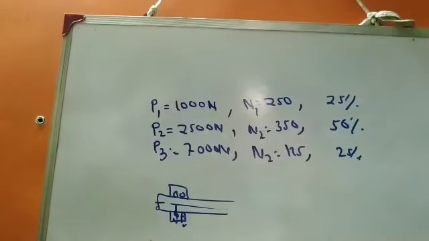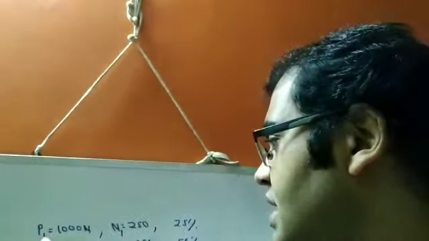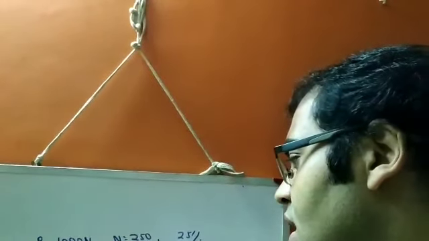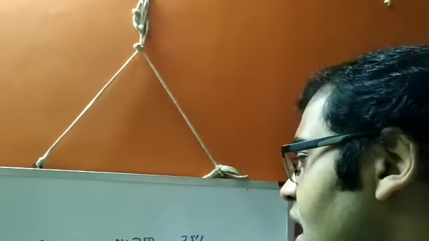These sorts of problems can be dealt with by dividing the total cycle, which consists of three types of loads. P1 is 1000 Newton, with the shaft moving at 250 rpm, and this radial load is applied for 25% of the time.